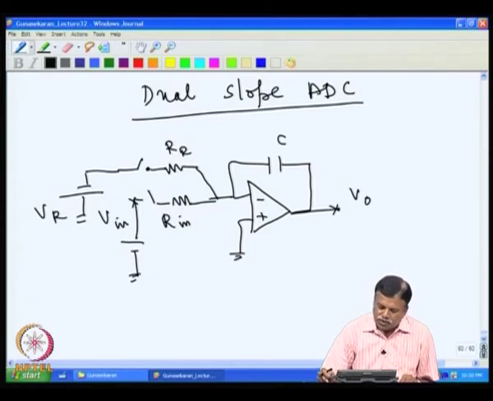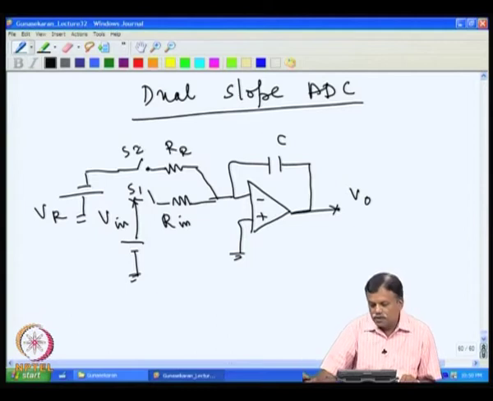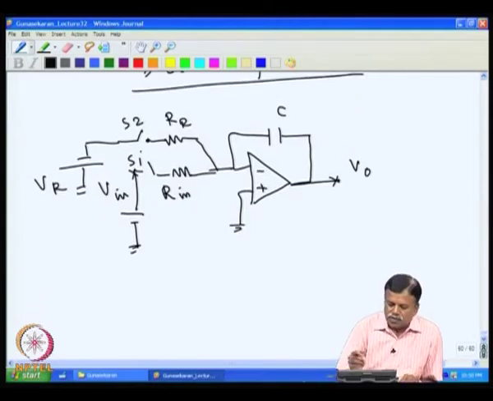Now, let us see how it is working. We name this switch as S1 and this one as S2. If you look at the circuit, we have 2 conditions.